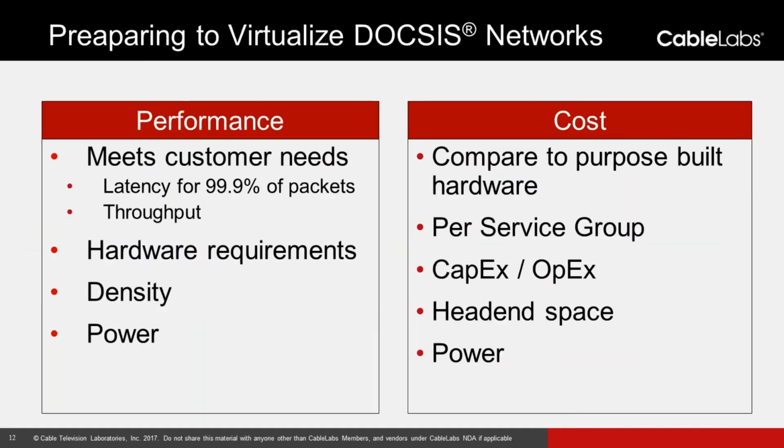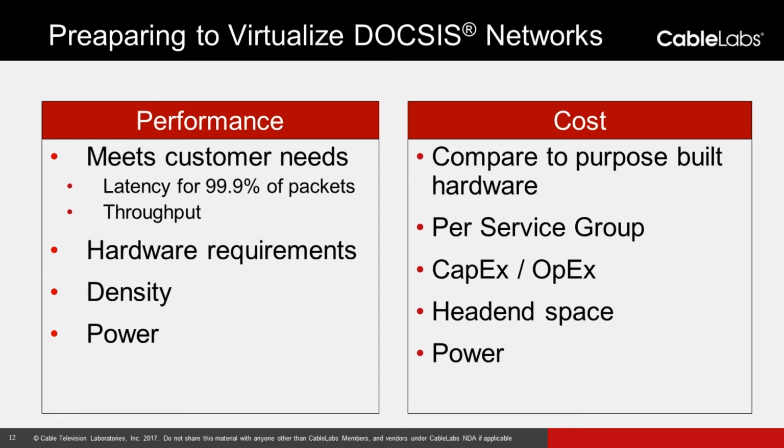Great. So, one of the questions we get is, it's cool, we've kind of proven the technology works, but is it good enough? We talk a lot about agility and things like that. So we're now starting to look at, taking a step back and saying, will it meet our customer needs? And for that, we're looking at latency and throughput, leveraging a lot of work that was done with the low latency DOCSIS project.